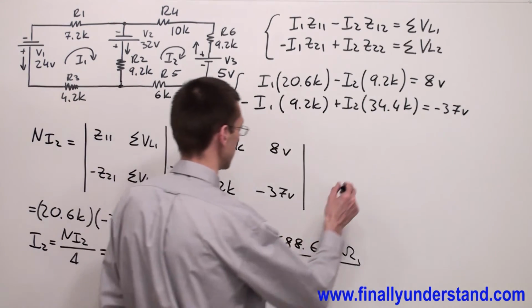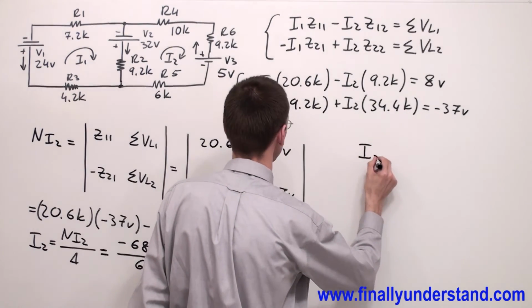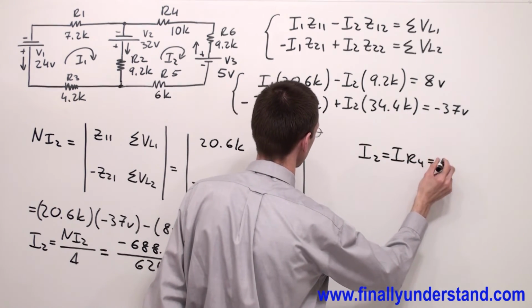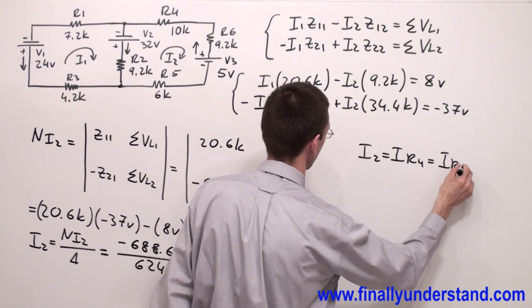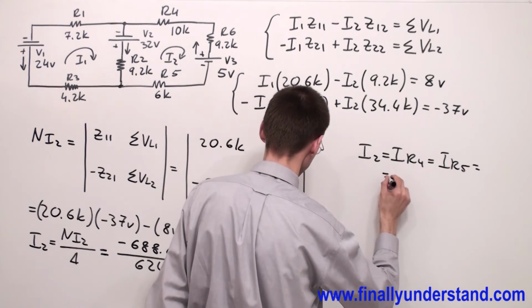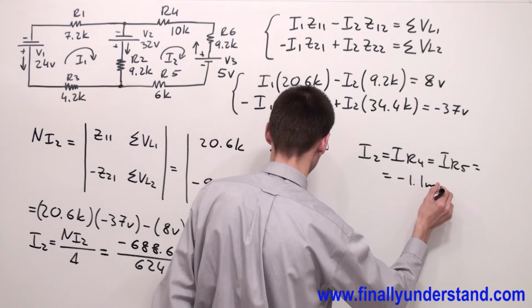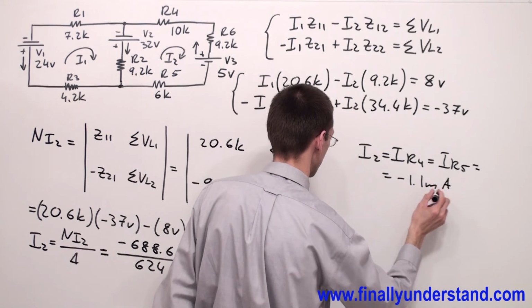That's why I'm going to write that I2 is equal IR4 and is equal to IR5. This is equal negative 1.1 milliamp.